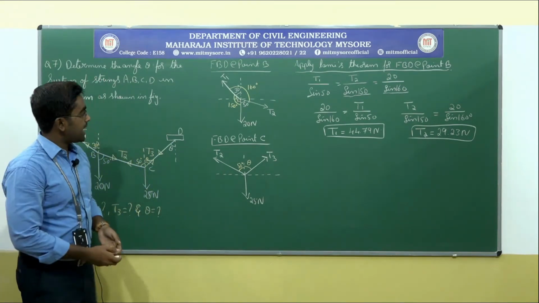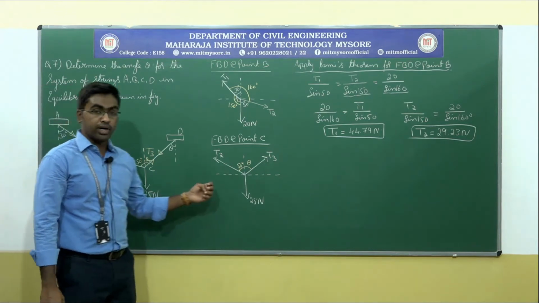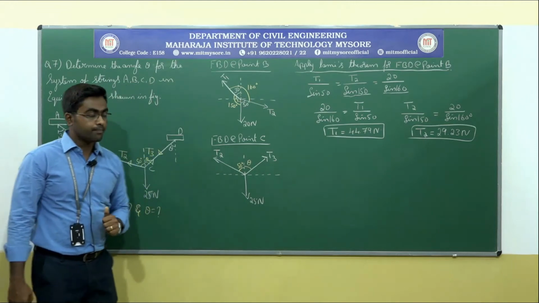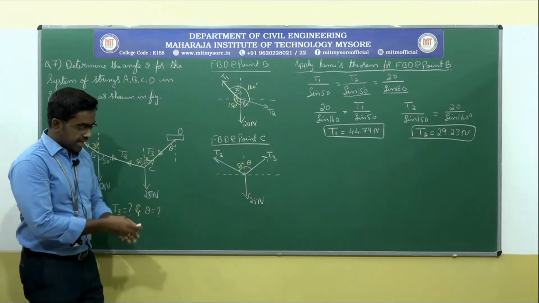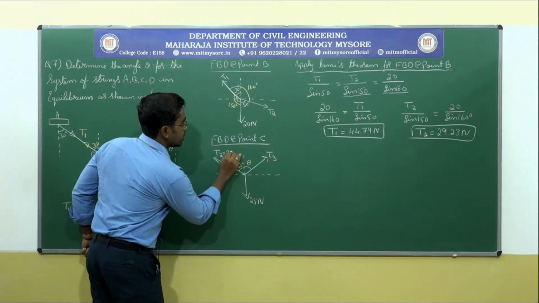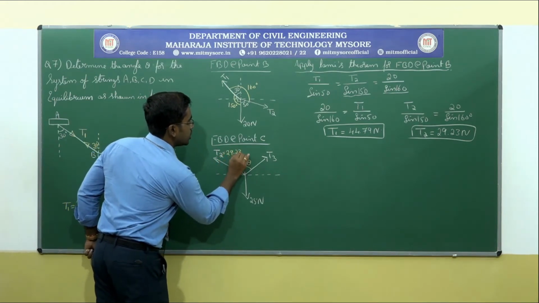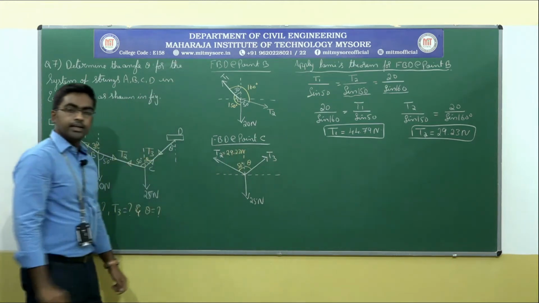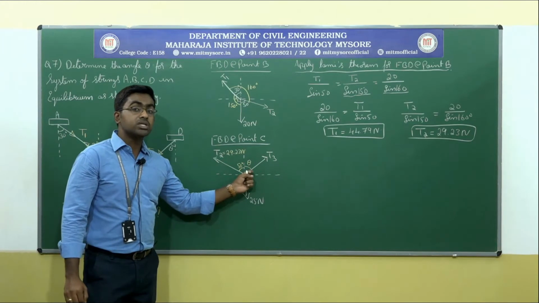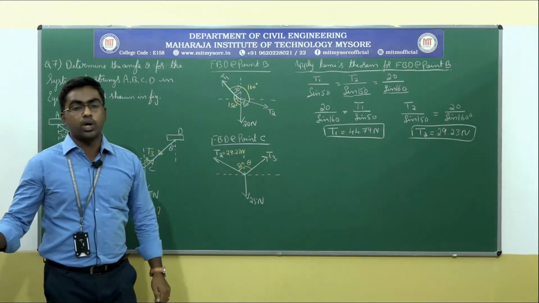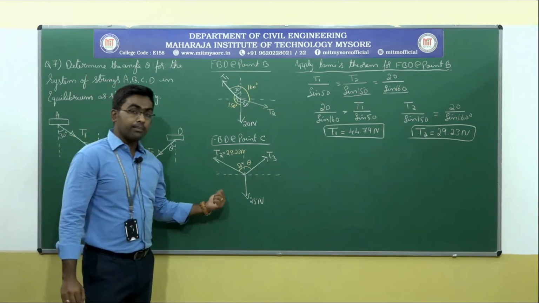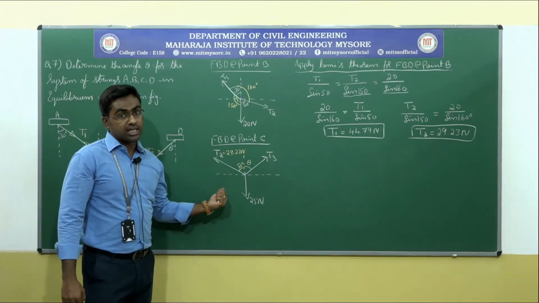Next, let us apply the condition for this free body diagram which is having three unknowns. Right? So in this free body diagram, now I know the value of T2, that is T2 will be equal to 29.23 Newton. Right? Now in this free body diagram, there are only two unknowns. Now easily I can find out the two unknowns by applying the condition. Now I can apply the equilibrium condition or I can go for Lami's theorem.